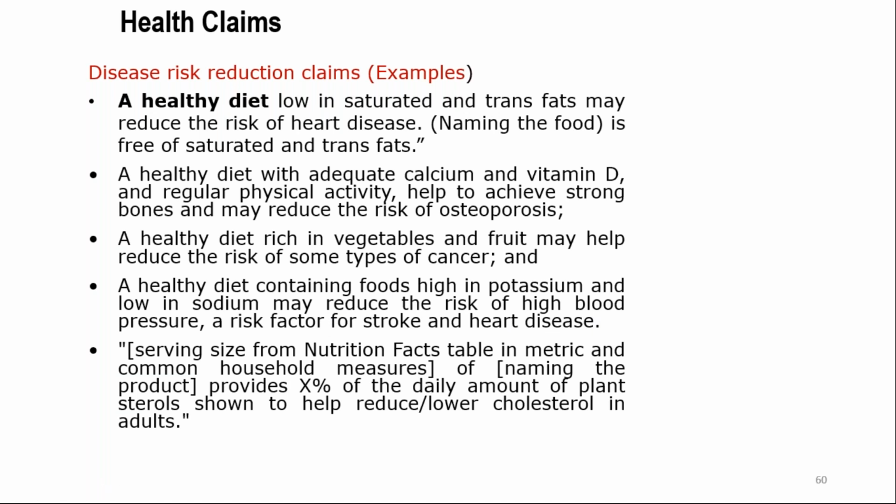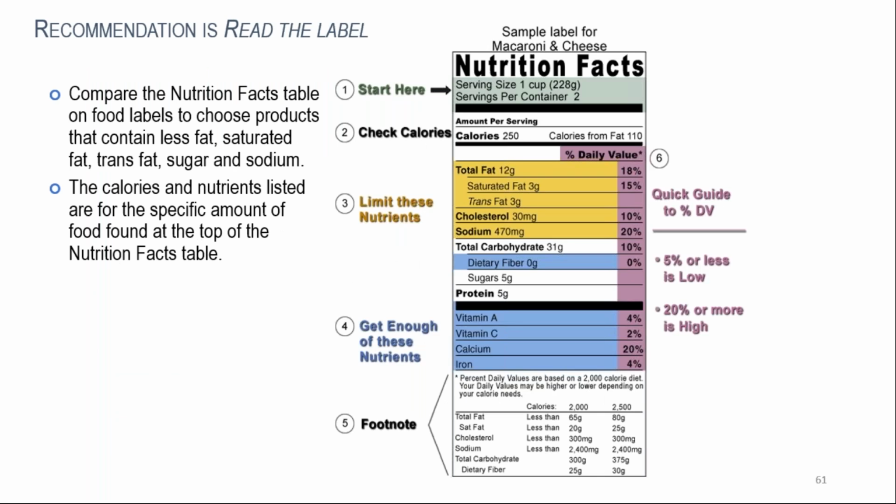So when we look at the labeling regulations, I will be discussing in detail what FSSAI allows and what it does not allow. The recommendation to each and every one of you, now that you know about the label, is to go back and read the label. Start here, see the serving size, check the calories.